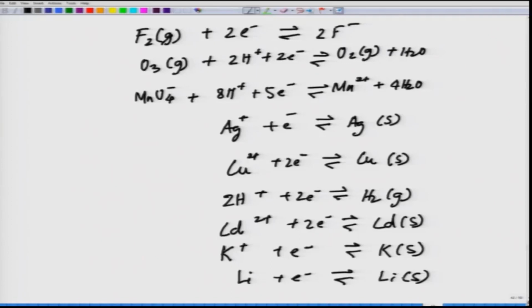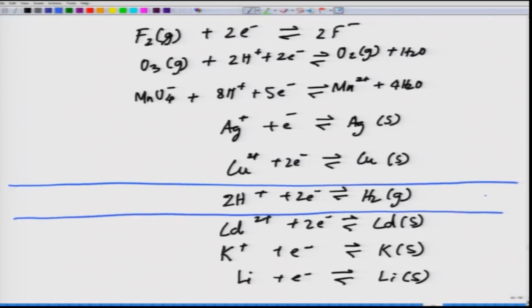Now you remember one of the values, right? This value all of you remember. What I am giving you is the E0 values in this column, E0 in volts, the standard reduction potential.